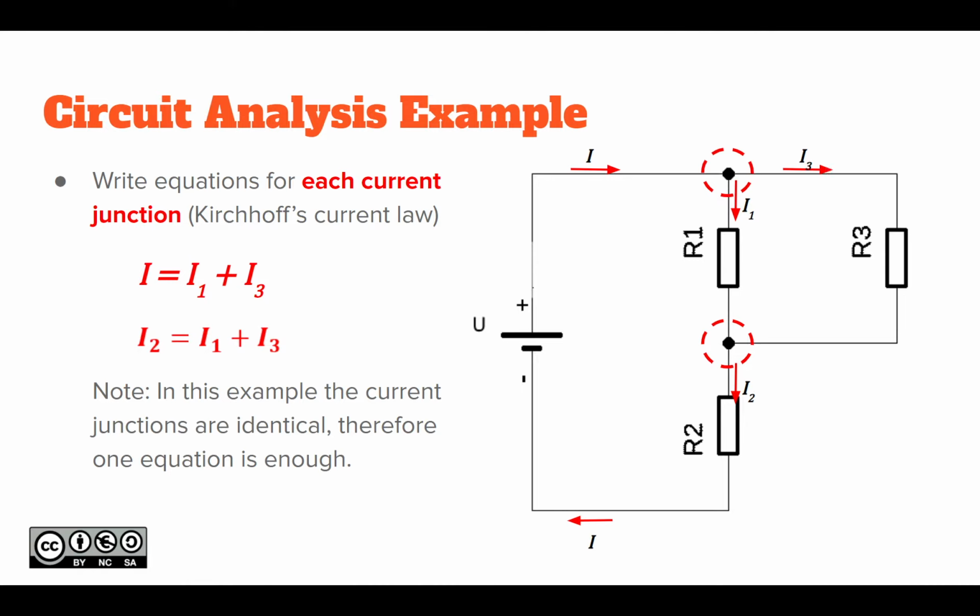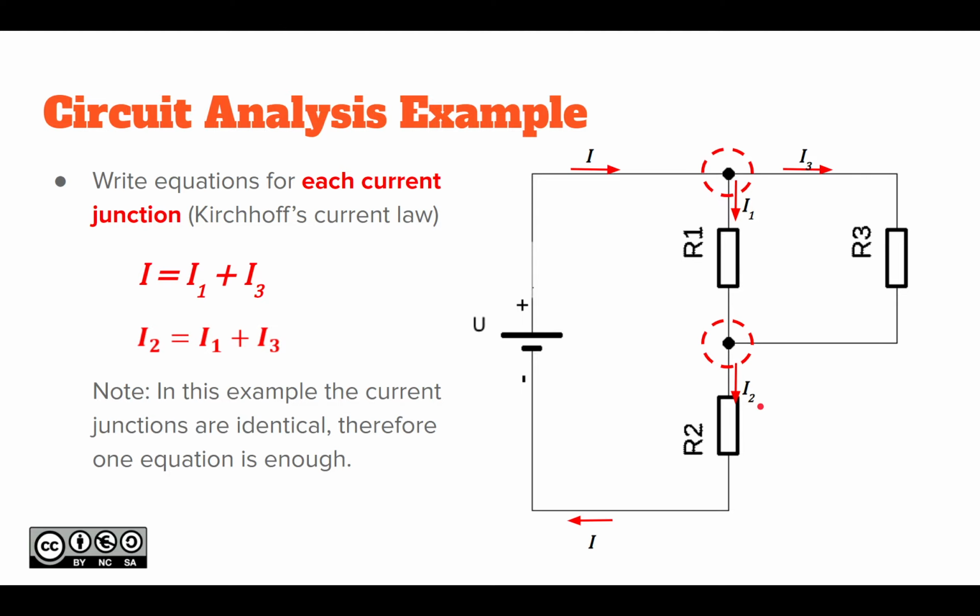On the other hand, this current junction is quite symmetric to that one, since now we have these two currents coming in. So that's I1 plus I3 equals I2. We can simplify quite a lot here.